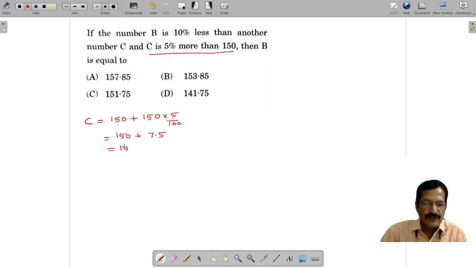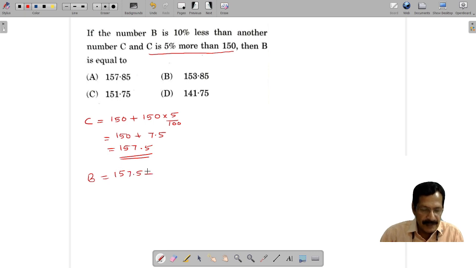So that is 157.5, and this is C. But our question is, what is B? B is 10% less than C. So from 157.5, we have to subtract 10% of 157.5.